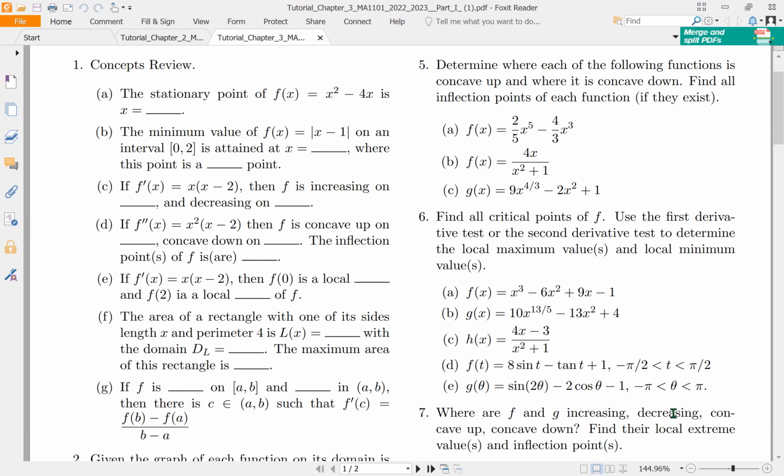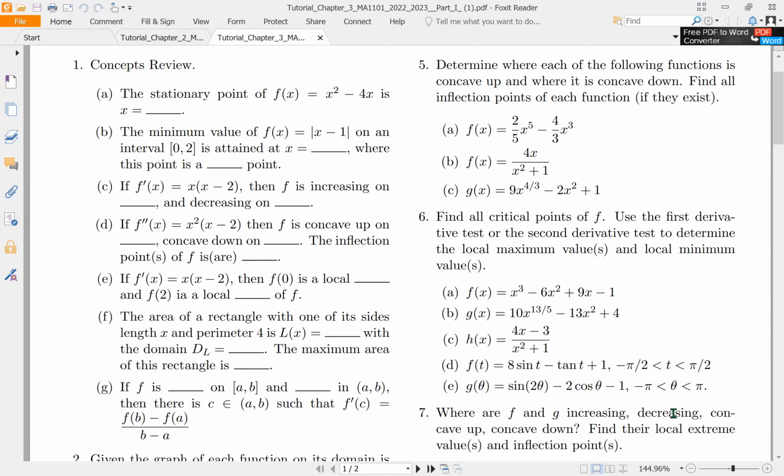The singular point is the point where the function does not have a derivative, or the function fails to be differentiable at that point. Okay, that's a singular point. Of course, these points are called the critical points. They are just the candidates for the extreme points, the extreme values.